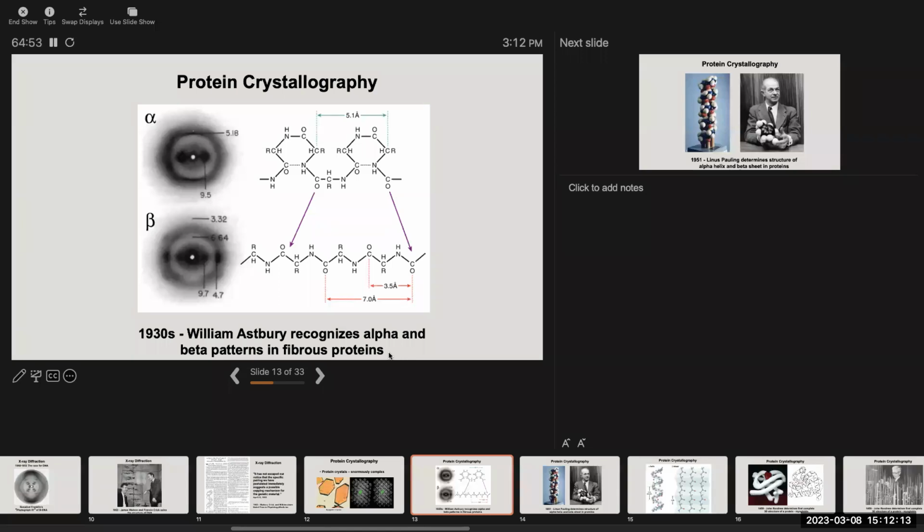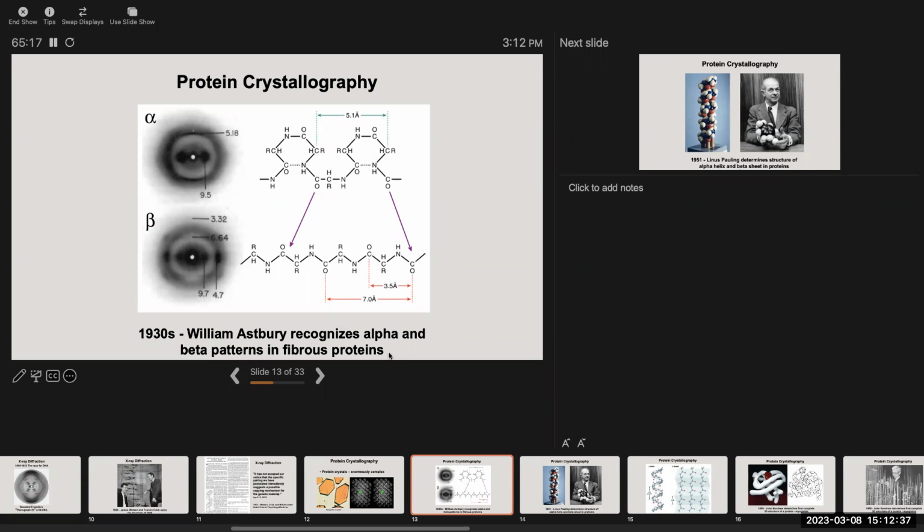And one other interesting discovery he made is you could take a fiber that had the alpha pattern, and if you heated it up and pulled on it and stretched the fiber out and then did X-ray crystallography to it, it now adopted the beta pattern.